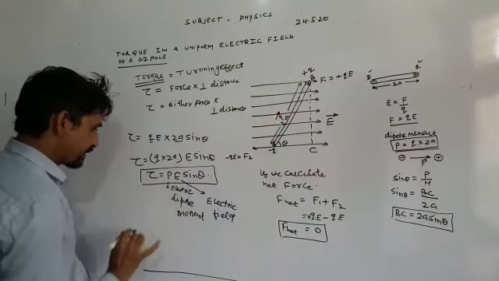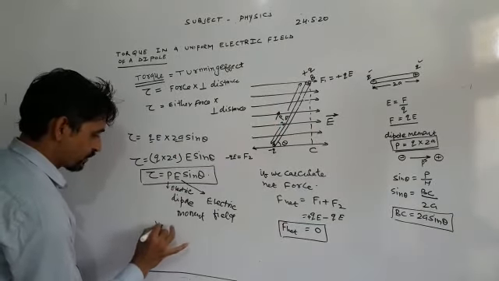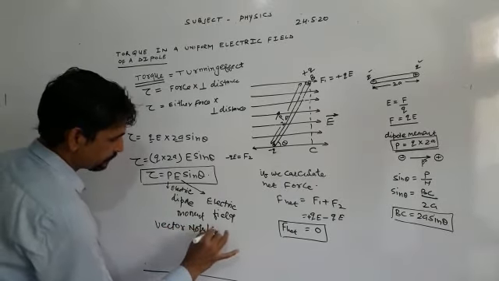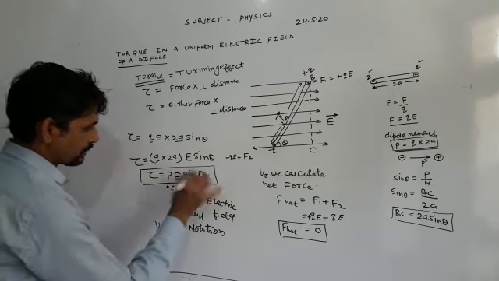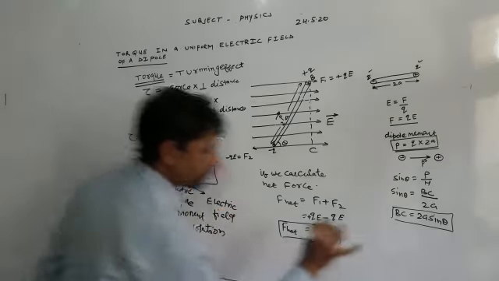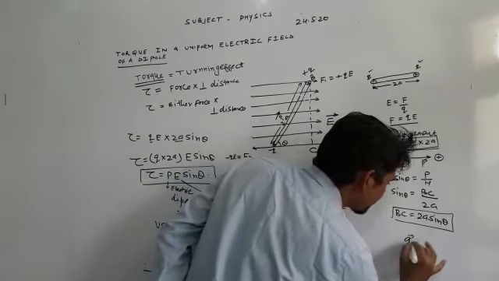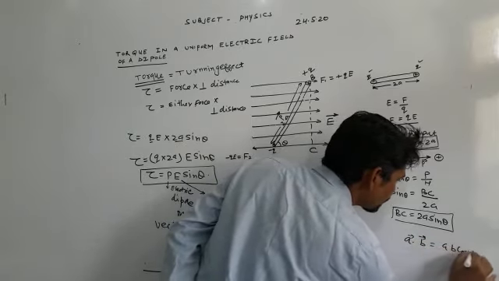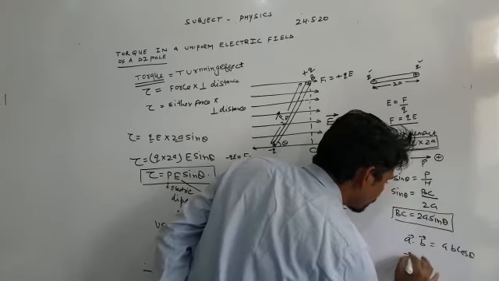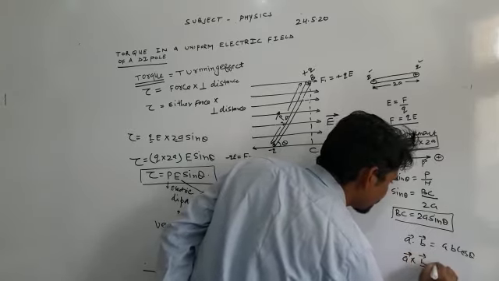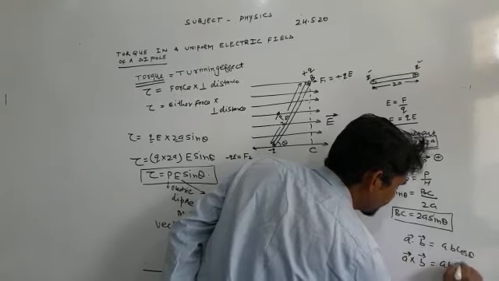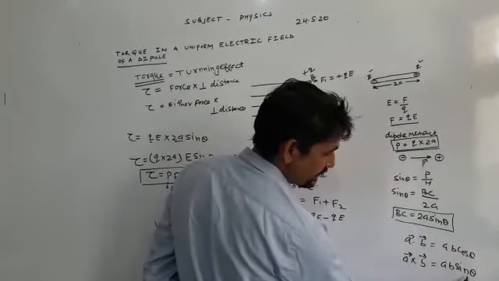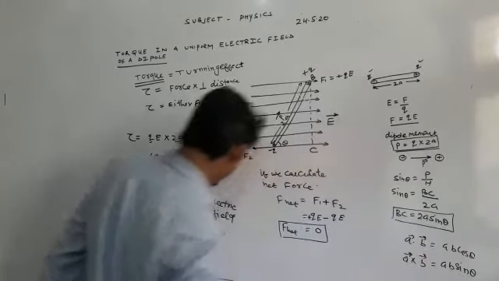So we can write in vector notation also. Vector notation. Theta, so you know A vector dot B vector equals AB cos theta, or A cross B vector equals AB sin theta. It means you can replace cross by sin or sin by cross.